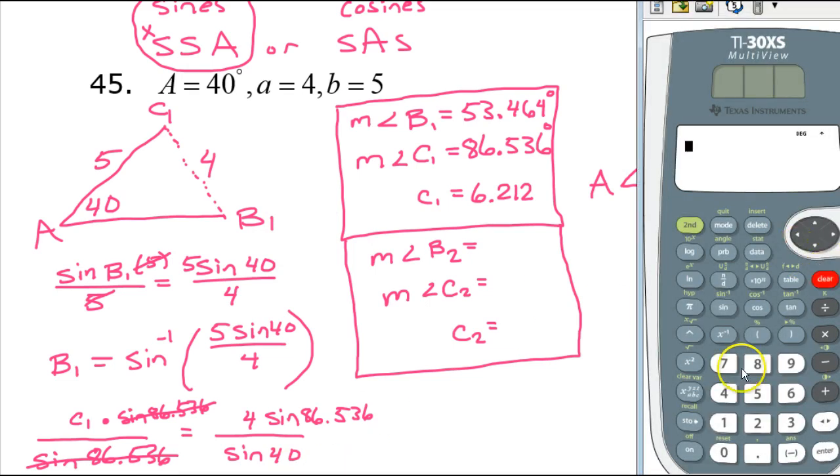If I simply do 180 minus the measure of angle B1, so minus 53.464, that gives me angle B2, 126.536.